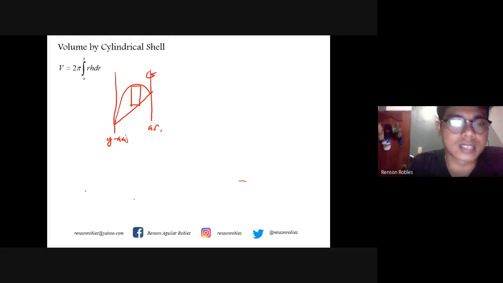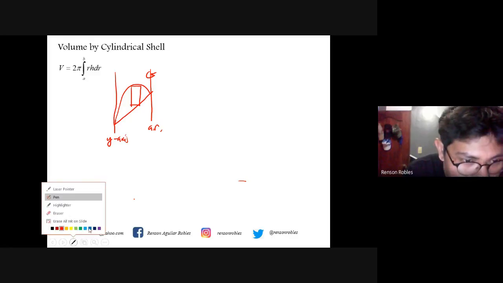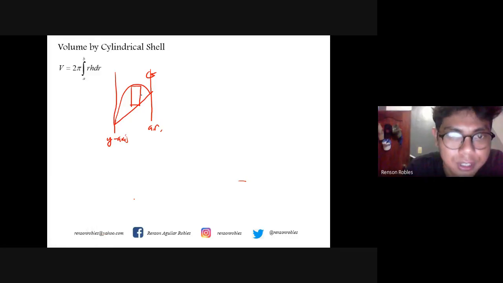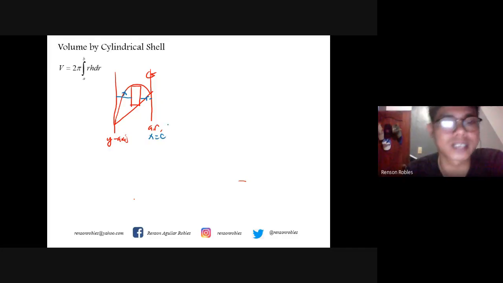You know that the distance of the axis of revolution to the element chosen is r. So that is what we're going to look for. And how far is the element from the y-axis? Any point is x units away from the y-axis. So this is x. Say this is the line x equals c, the axis of revolution, for any constant c. Then how far is this line from the y-axis?